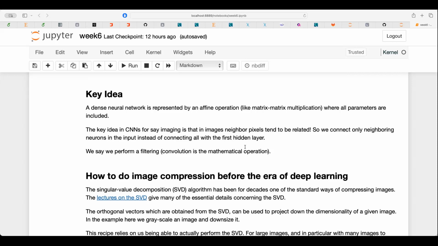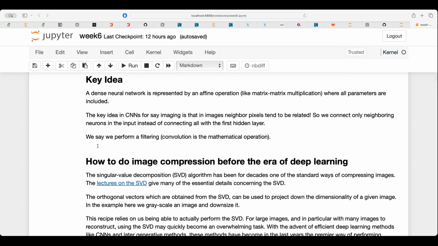And so you connect only neighboring neurons in the input instead of connecting all with the first hidden layer, as you would have done in a standard neural network. So we perform a filtering, and this is often done in imaging, in sound studies, etc. You have some kind of filters.